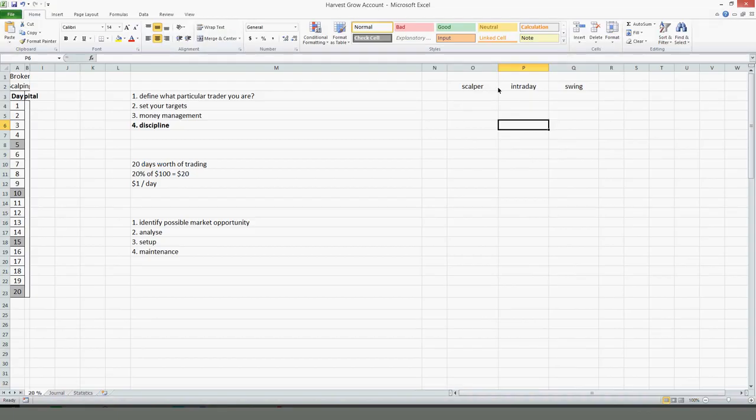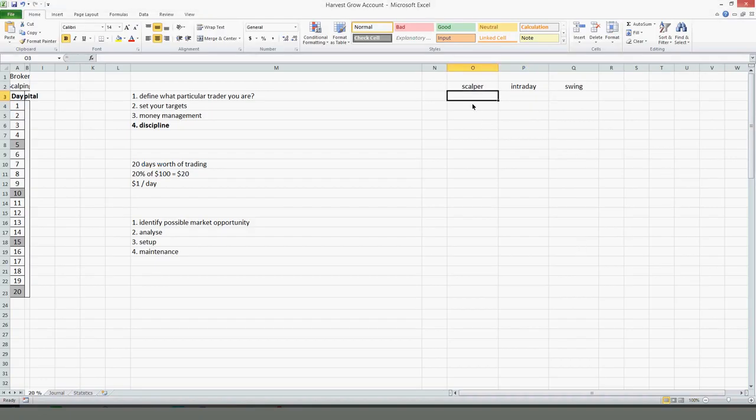You need to make sure that you know what type of trader you are, because otherwise your trades are going to be shambles. It's not going to be organized, and you will be in a really bad shape, not knowing what you are trying to do.